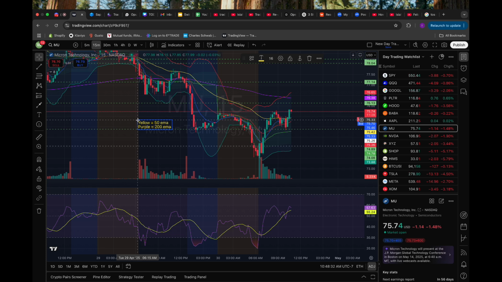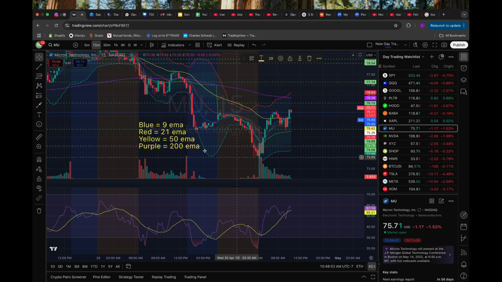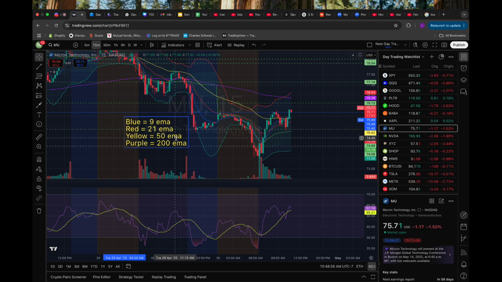And then you got my blue line is the 9 EMA, and then my red line is the 21 EMA, okay? Just so you guys know, this is a legend. This is your reference point right here, okay? So when I'm talking about these things, you understand what I'm saying. So those are my EMAs right there, right? Let me turn these off.